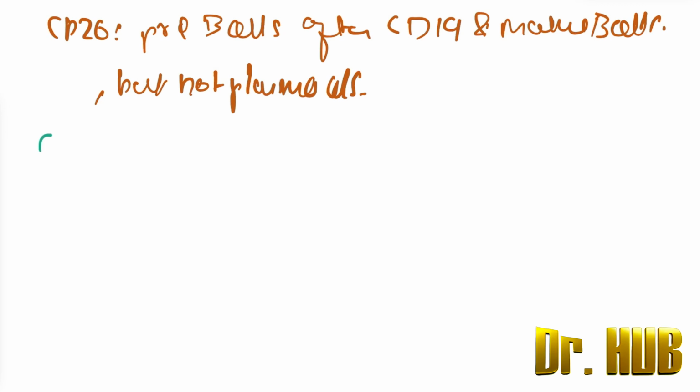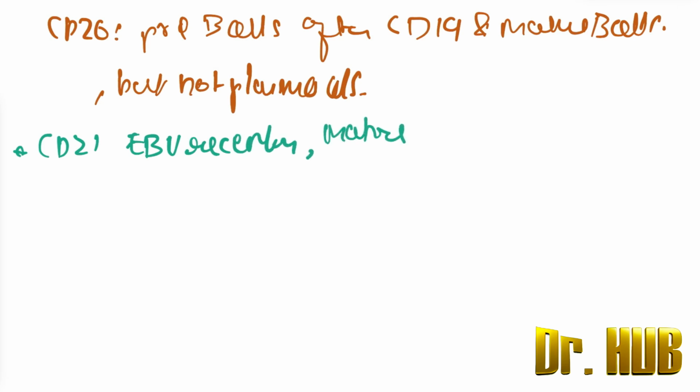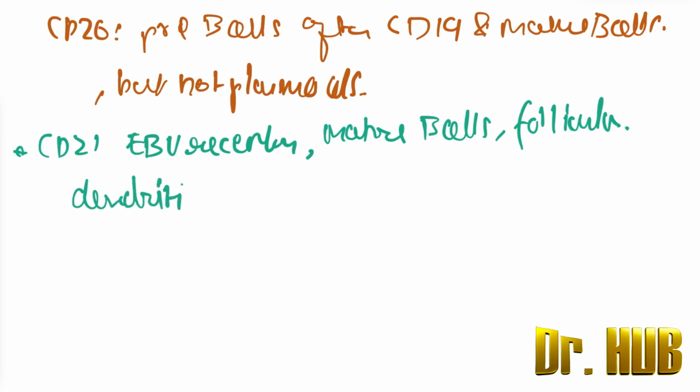Next we have the CD21, which is the EBV receptor. It is present on mature B cells and follicular dendritic cells.